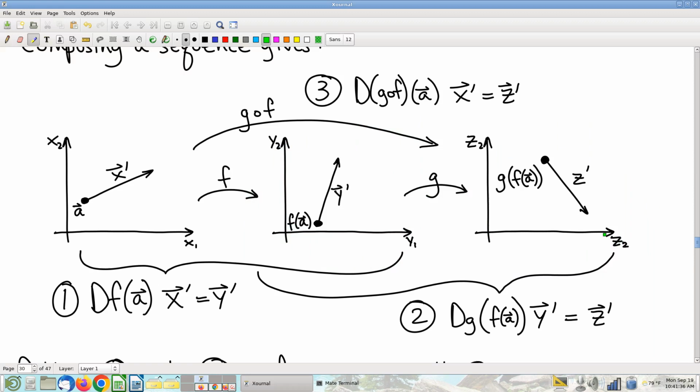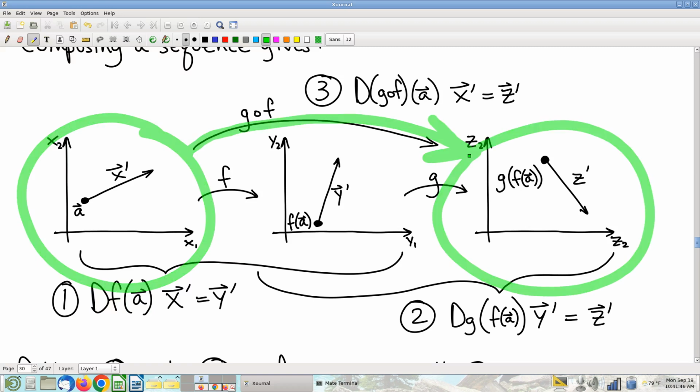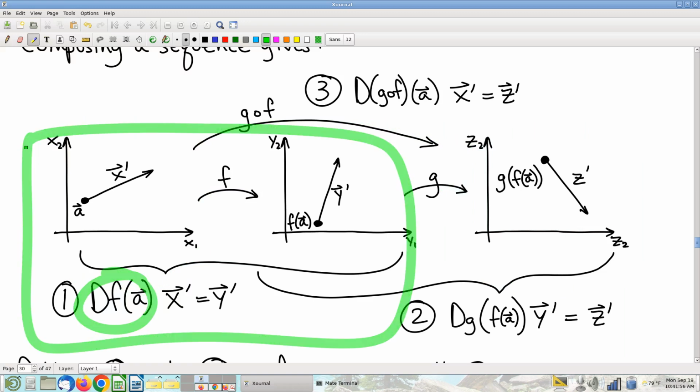And we can consider the composition where I start with the x inputs, apply f, then apply g, the output of which is a z vector. So we've got three functions, just like in single variable. In each one, the derivative is a relationship between input velocities and output velocities. Right here, this matrix, df, multiplies x prime to give y prime.